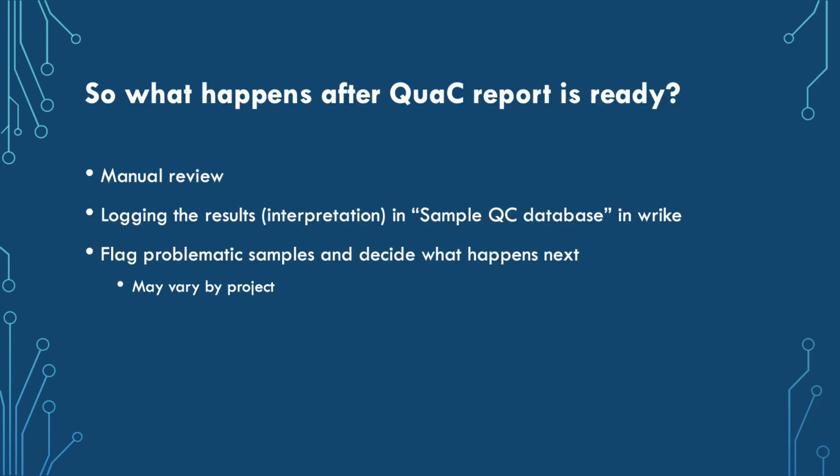So what happens after the QuaC report is produced by QuaC? Somebody still has to manually review them and then log the results. Performing this QC review in a standardized process can be challenging, and to help with this, we have devised a sample QC database.